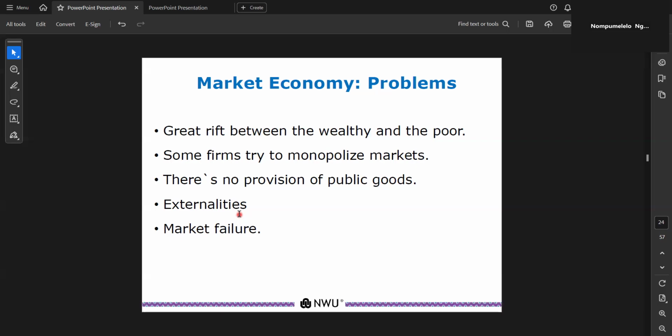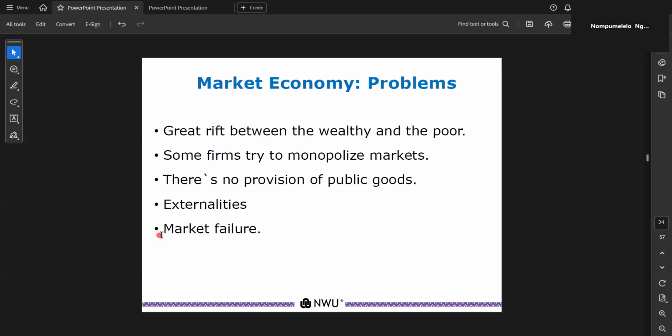For example, if they put a mining firm near this campus, then maybe there's going to be smoke coming out of the firm, right? That smoke is going to affect us as third parties. So that is also a negative externality. So externalities can be negative, they can also be positive.